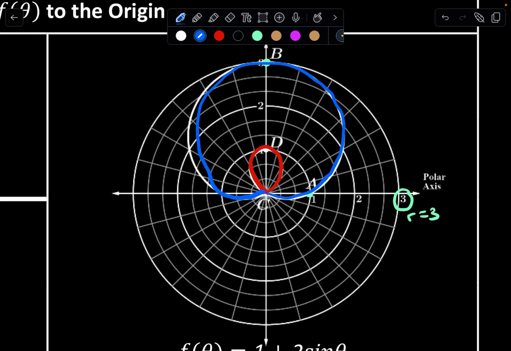So as we extend around this, we're going to take a look at when the relationship between the radius and the pole is increasing and or decreasing. And relationship meaning the distance. Okay.